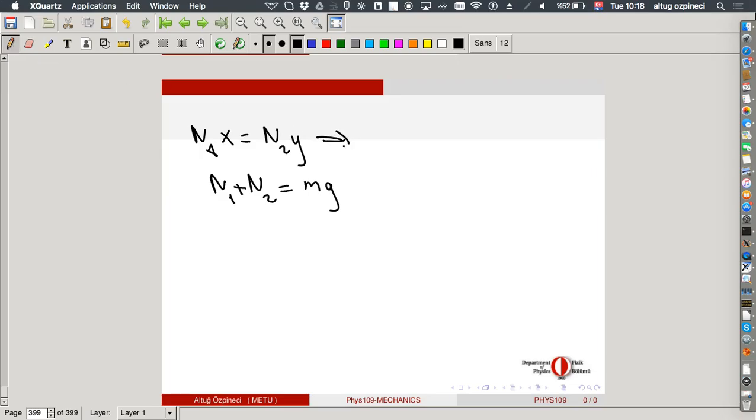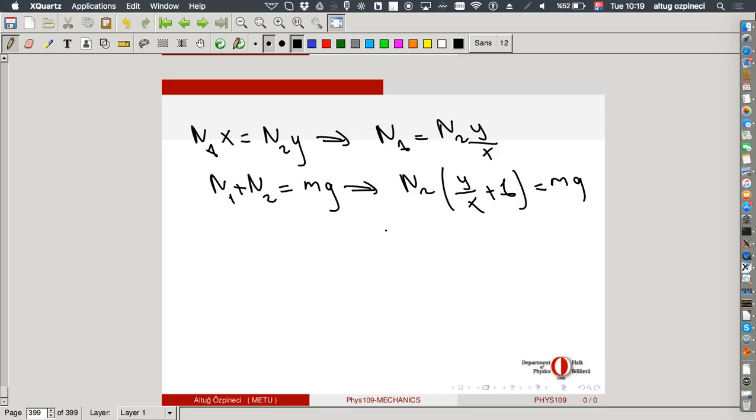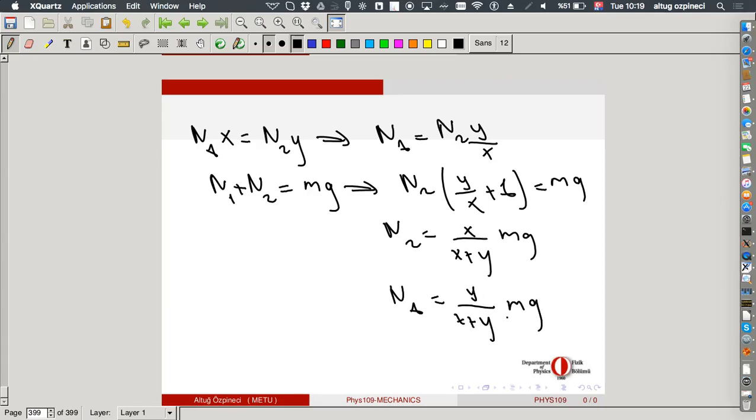So from here we can just say that N1 is equal to N2 times y over x. So this one tells me that N2 times y over x plus 1 is equal to mg. N2 is equal to x over x plus y times mg, and N1 is equal to y over x plus y times mg. So if you just do the algebra, this will be the N1 and N2 that you obtain.